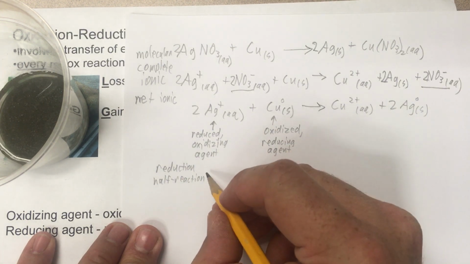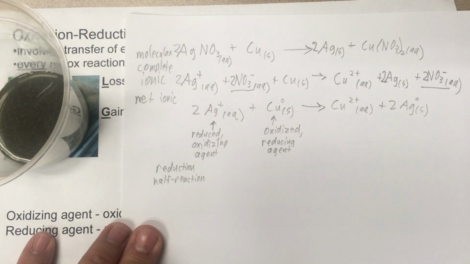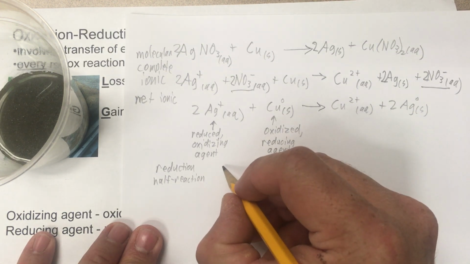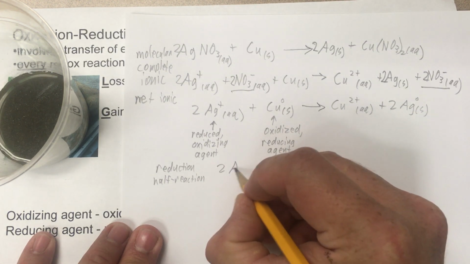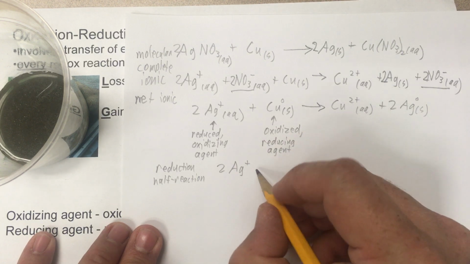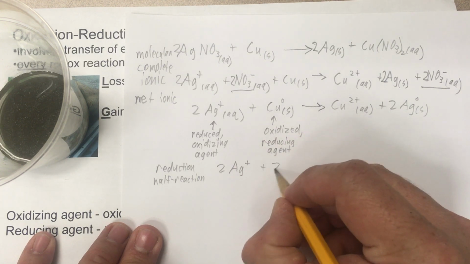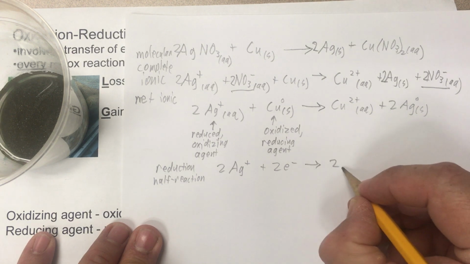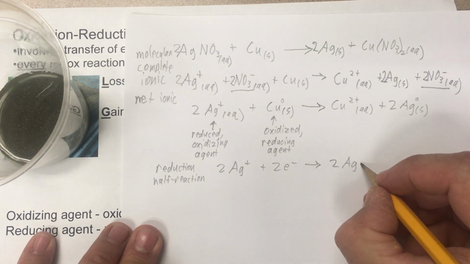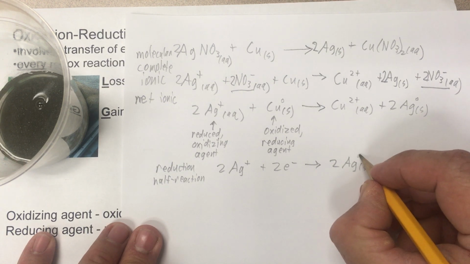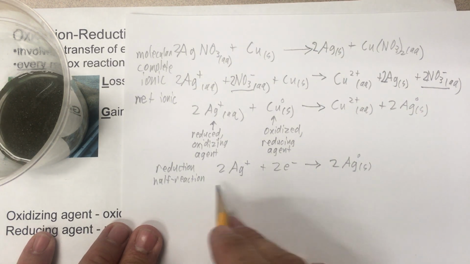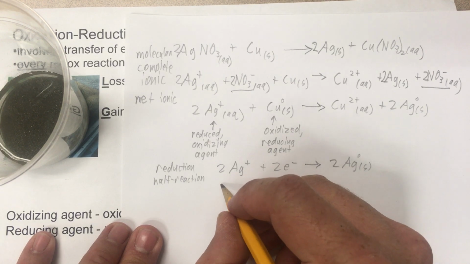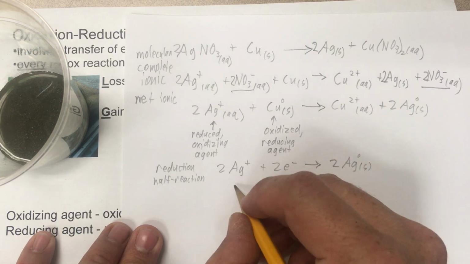And for the reduction half reaction, it's the species involved in the reduction itself. And so I could take, say, 2 silver cations. They would gain 2 electrons to produce 2 silver metal atoms.